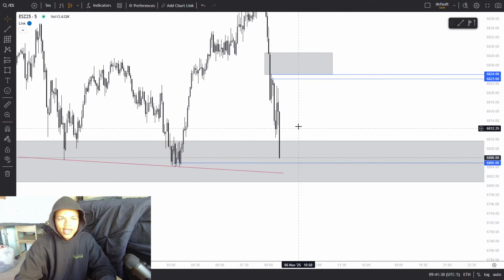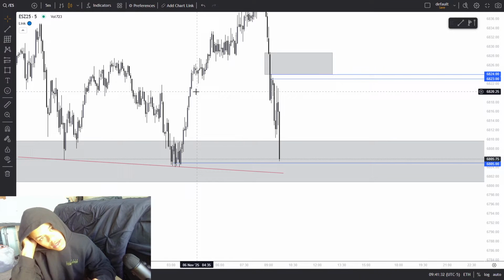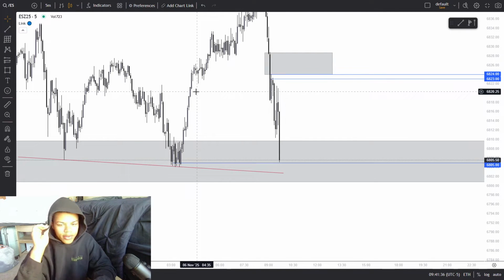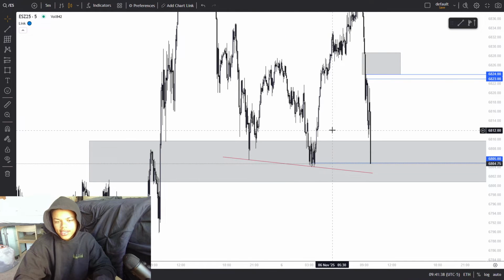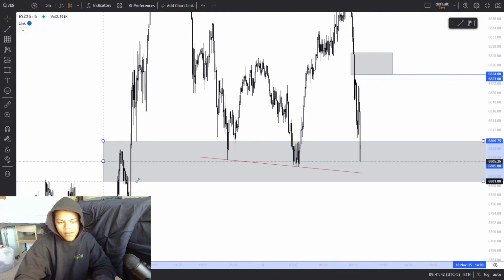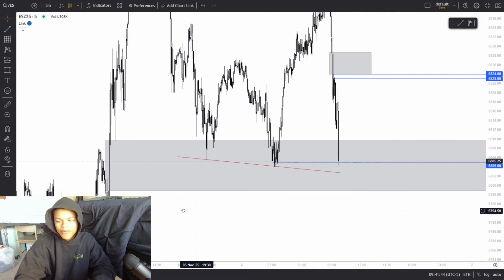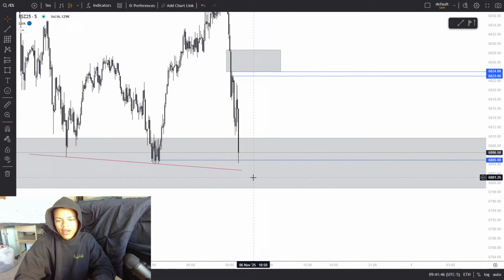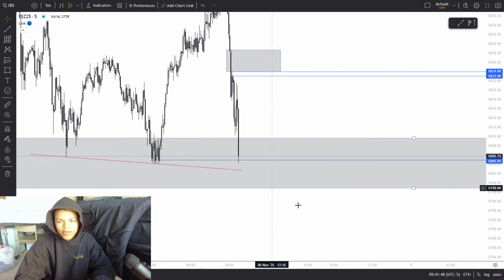I really want us to take out this here on ES before we do anything. I feel like if we take out this low, retest this SMT, right? Possibly even fill this gap. I'll probably test a 50 point. I feel like that's what we're doing.